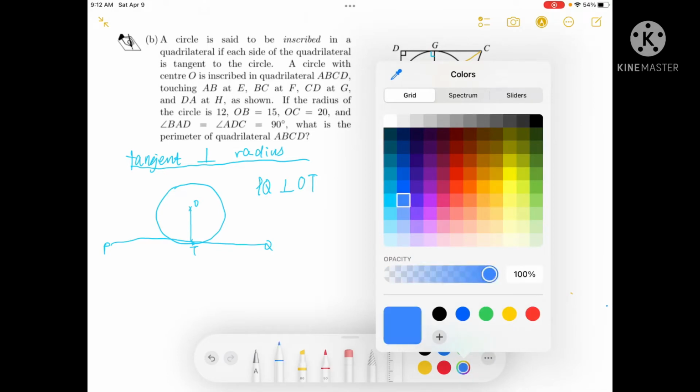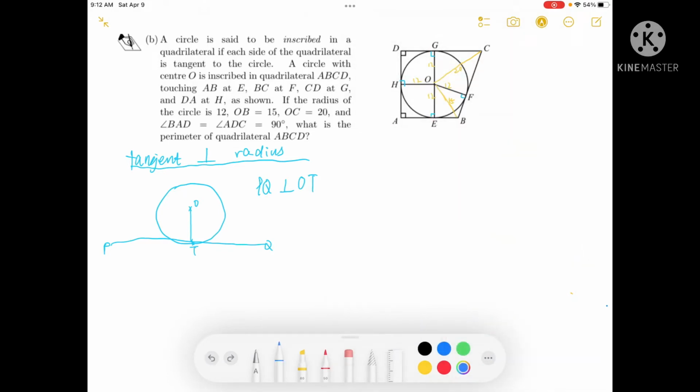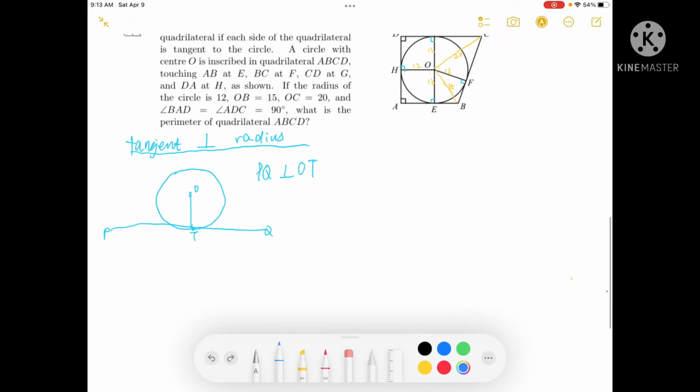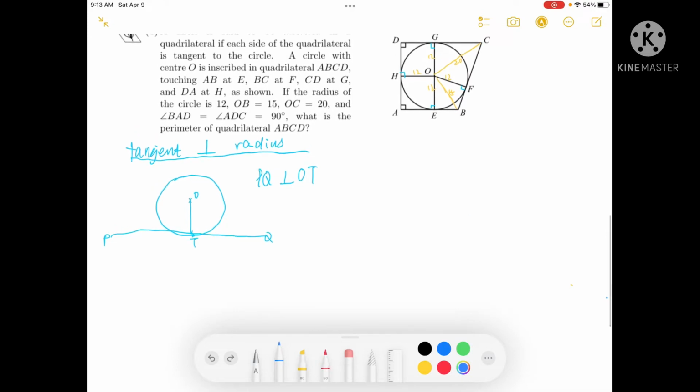So let's write the proof together. We actually know that DH and DG are equal to 12, but we need to write a proof for that before we can use it.